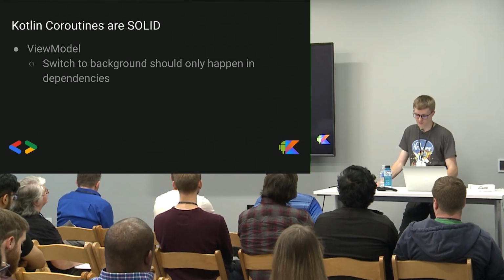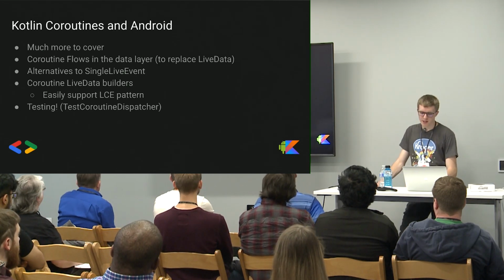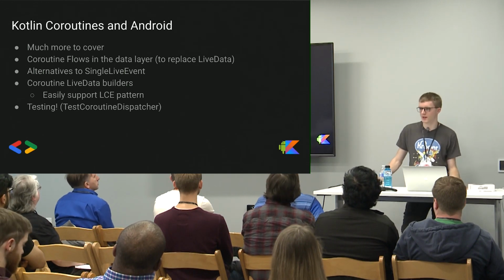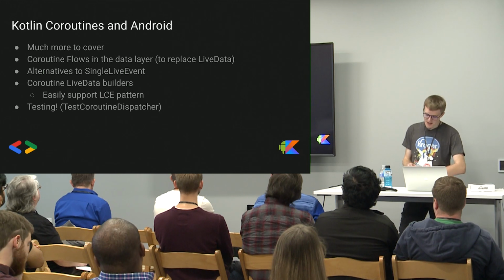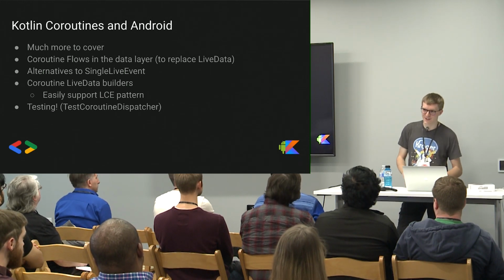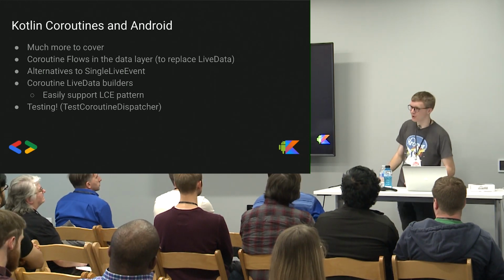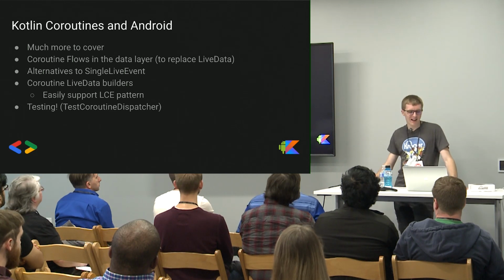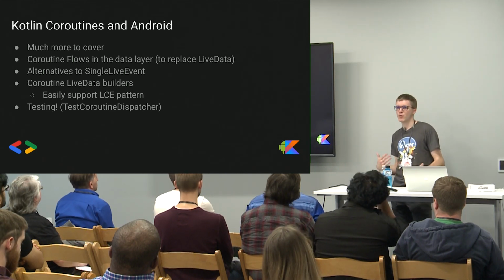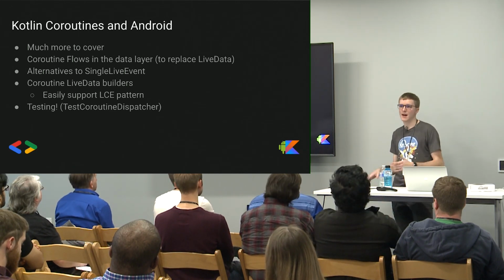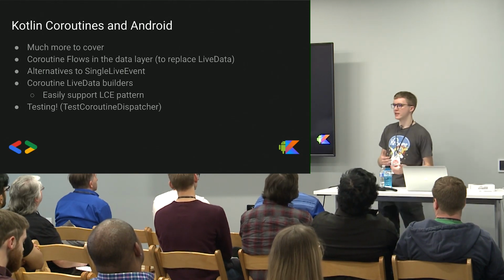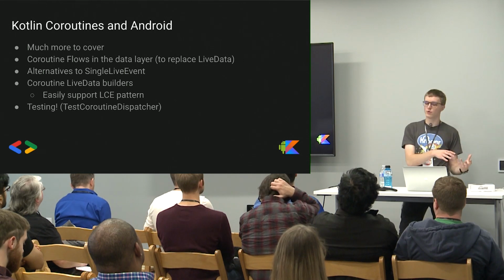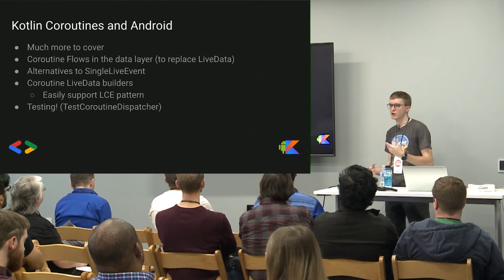But that really isn't everything there is with Kotlin Coroutines and Android. I've only covered a few pieces of it, and actually I was worried I would be more tight on time, but I see I could have put more in. But there's now, with the Android Dev Summit having happened about a week ago, they were talking about using what are called coroutine Flows in your data layer.